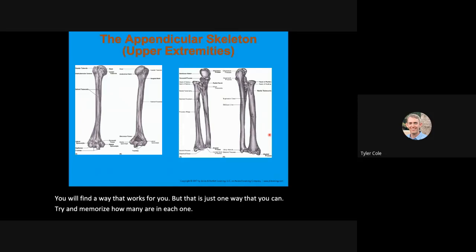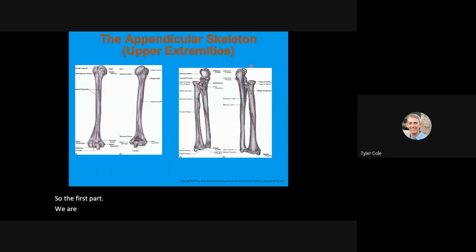Now we're going to look at the appendicular skeleton. So the first part we are looking at are the two upper extremities. This is made up of 3 major long bones. And when we refer to long bones, as you can tell, they're self-explanatory.